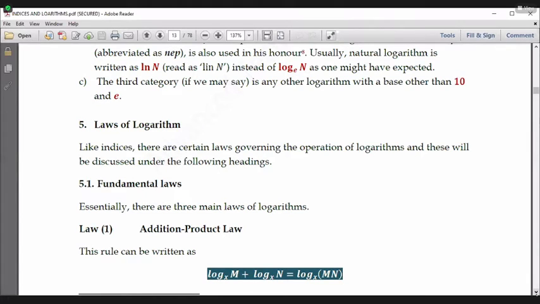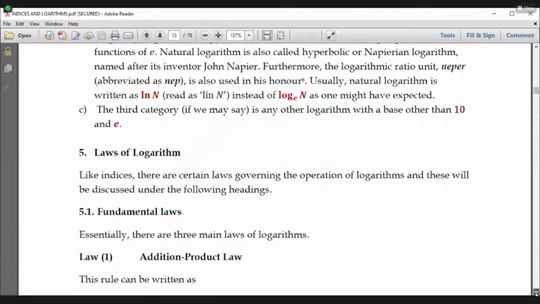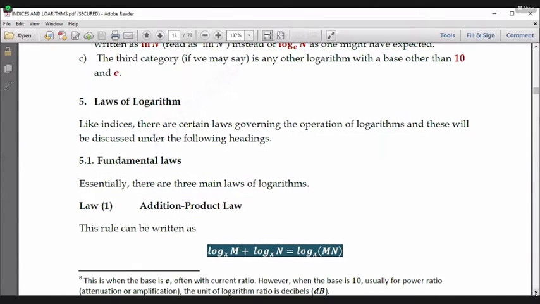In this case, if I look at the indices, the similarity with what we have for the logarithms is the same. Are you seeing the first law? Which is written as the addition or product law.